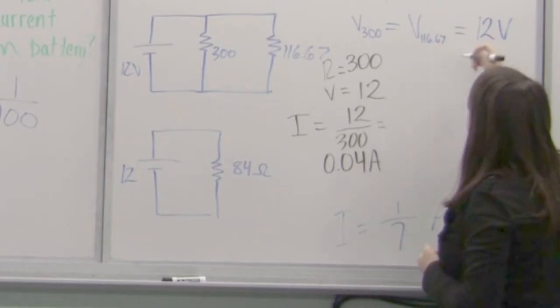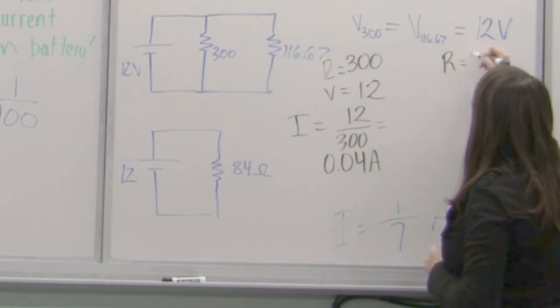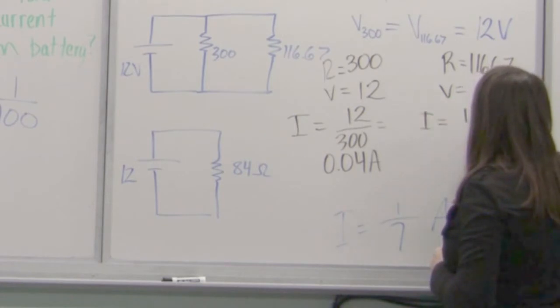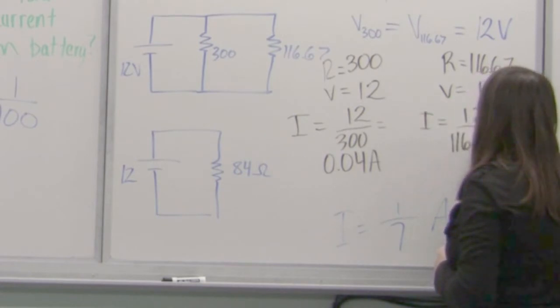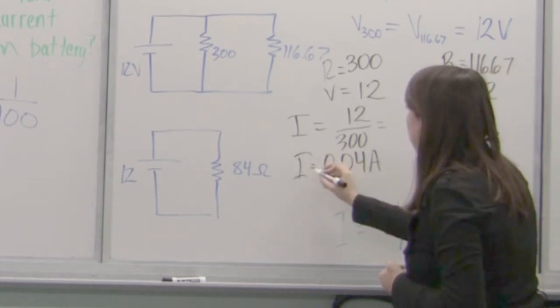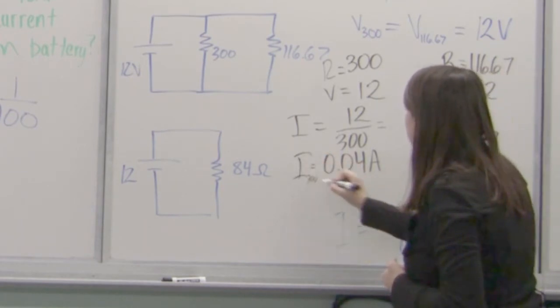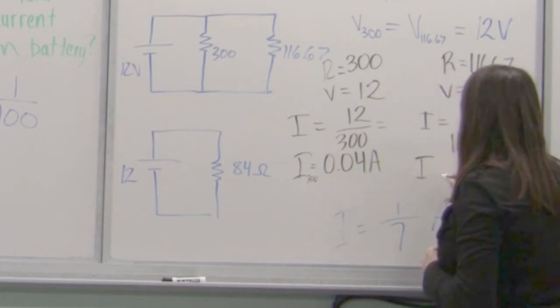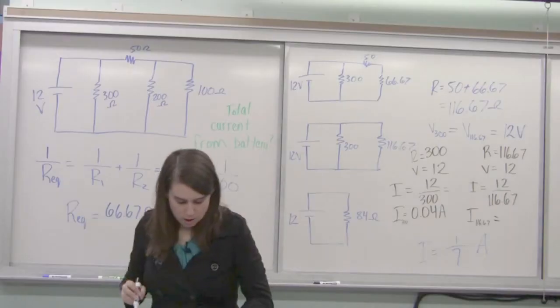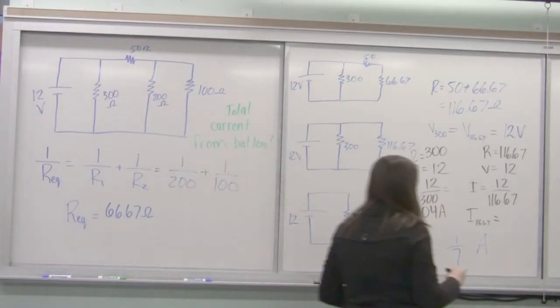For the 116, resistance is equal to 116.67, voltage is equal to 12, and then current will be 12 divided by 116.67. Current through the 116.67 will be 0.103 amps.